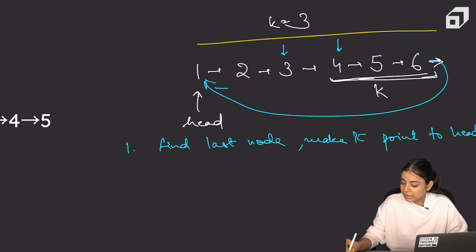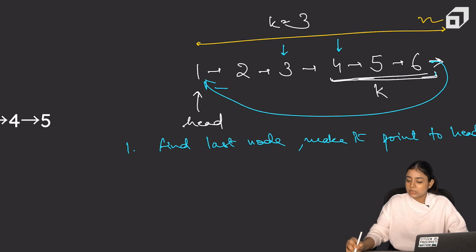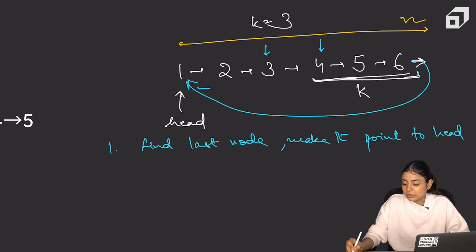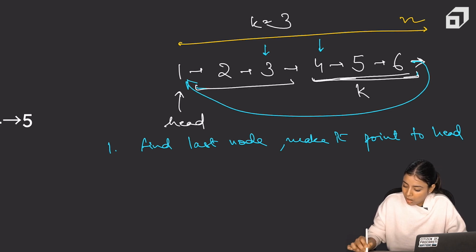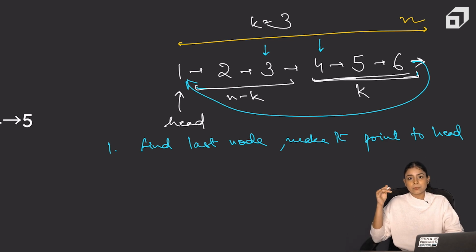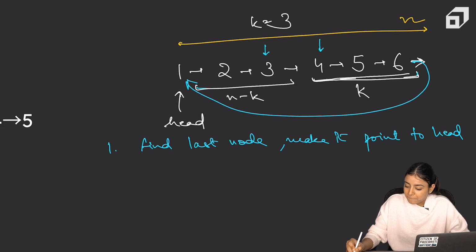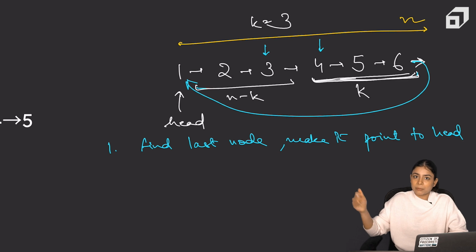If the length of my entire linked list is n, if I have n nodes, and if I'm moving the last k nodes in front, then my last node would come out to be the n minus kth node, right? Because the remaining k nodes will come in the front.